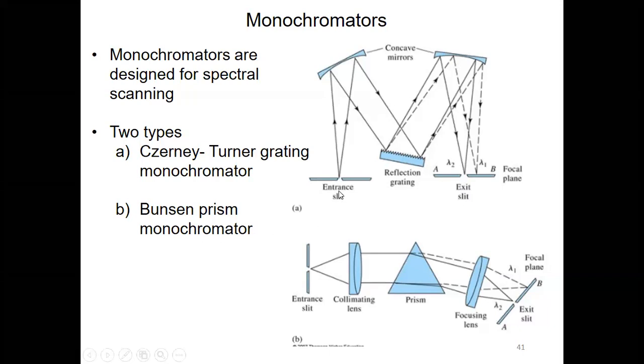So different wavelengths entered the grating and it undergoes some reflections, and after the reflection only a particular wavelength exits, and that particular wavelength goes to the sample. So that is what happens in the monochromator.